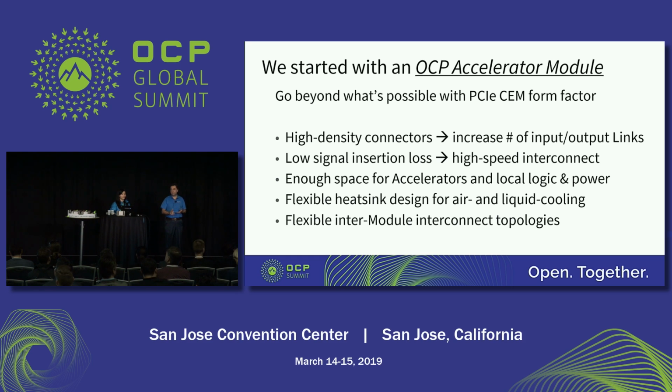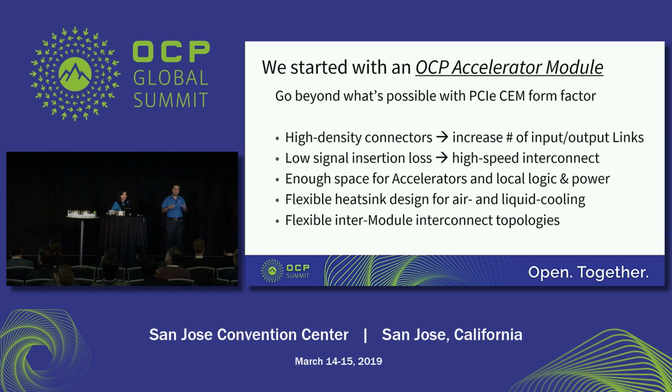So we started with the definition of the OCP Accelerator Module itself. We realized that the PCIe CEM form factor was not complete. We chose the OCP Accelerator Module connectors so that we could increase the number of inter-module links. We wanted to go fast, so we picked a high-speed interconnect capability.